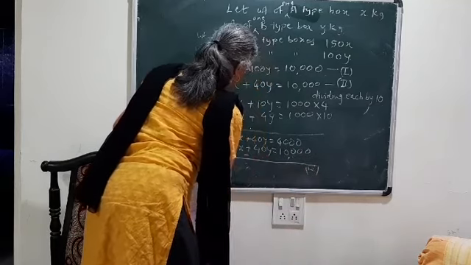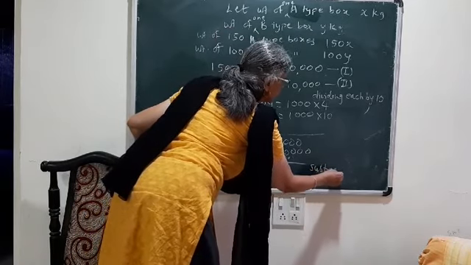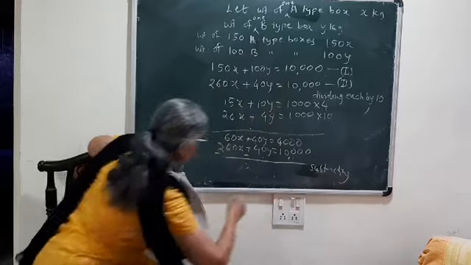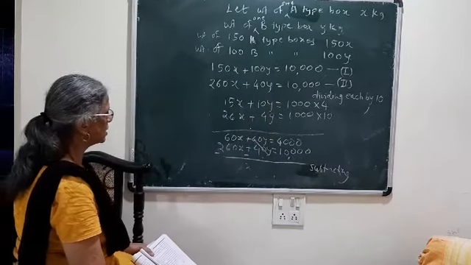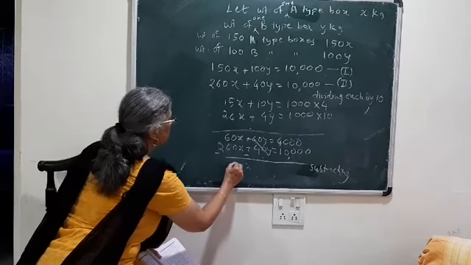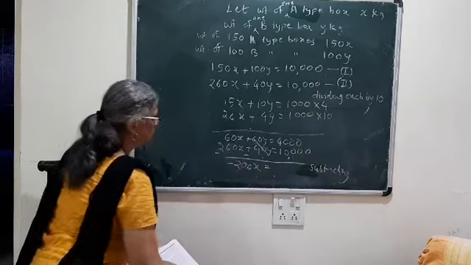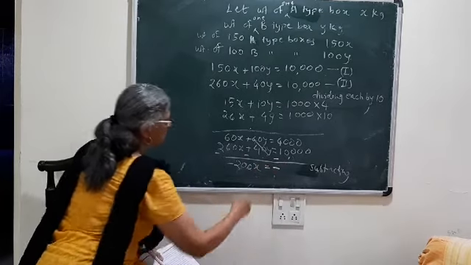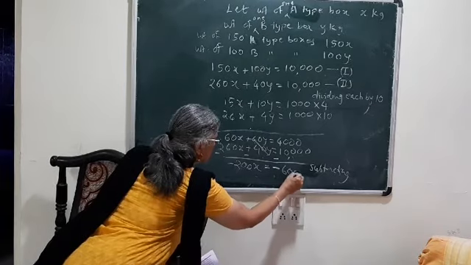Now we are having subtraction. Subtracting. So 40y will get cancelled. Minus 260x plus 60x means minus 200x is equal to, here it is minus sign, 10,000 minus 4,000, that will become 6,000.